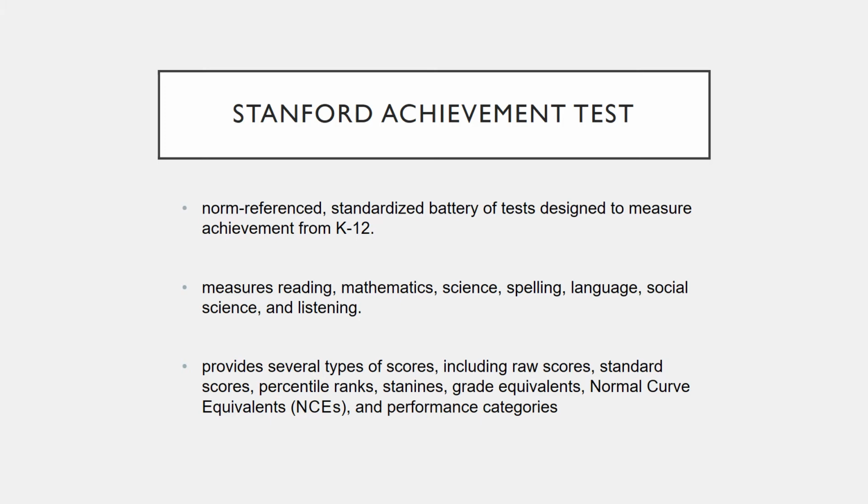So you can see an example of a Stanford Achievement Test in your book, but there's also a couple of examples posted on our course page, both of the types of questions that are asked on this achievement test and an example full readout as you would get it in a school or as a parent.